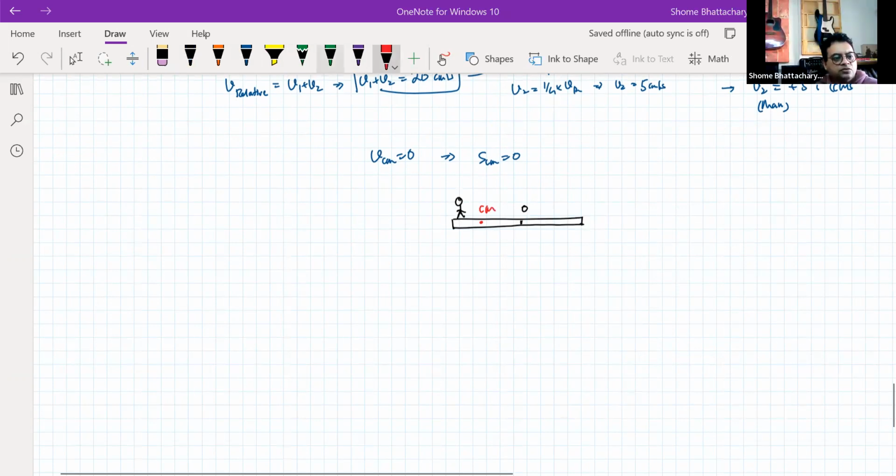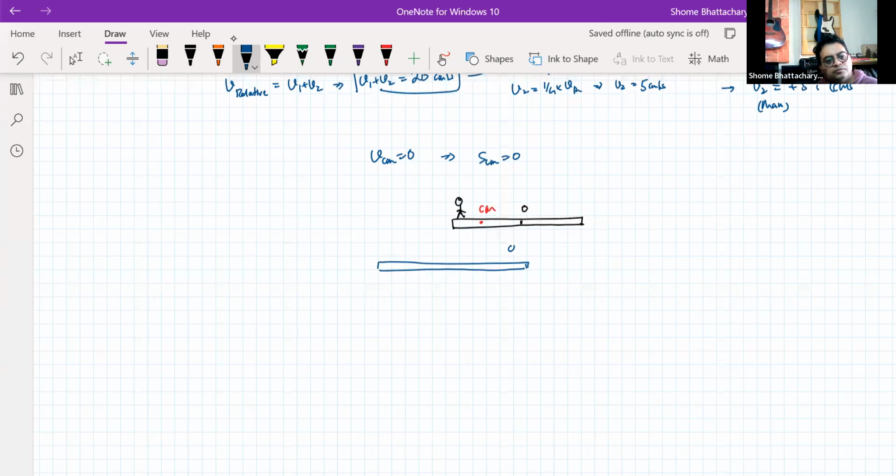So by the time the person walks to the other end, this is the actual displacement of the person in the ground plane, whereas the displacement of the plank is this. So that the center of mass will remain here only. Center of mass is not shifted.